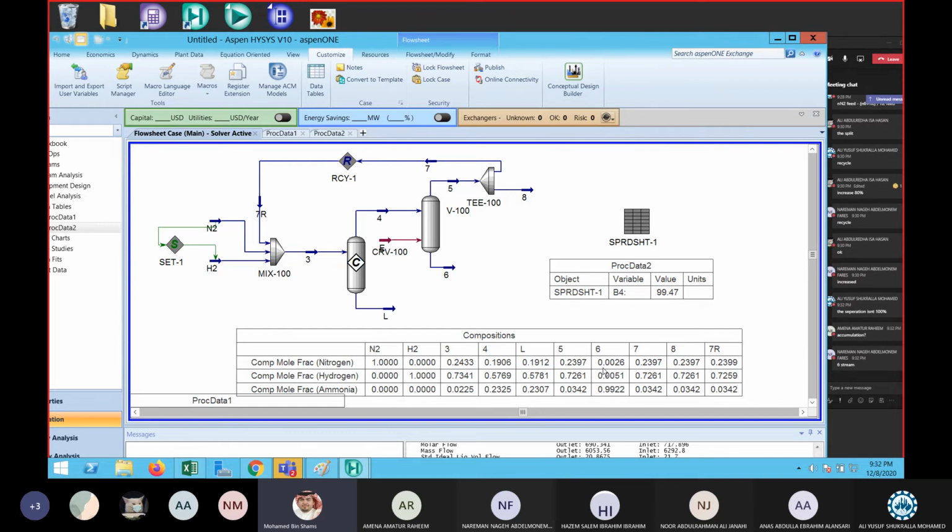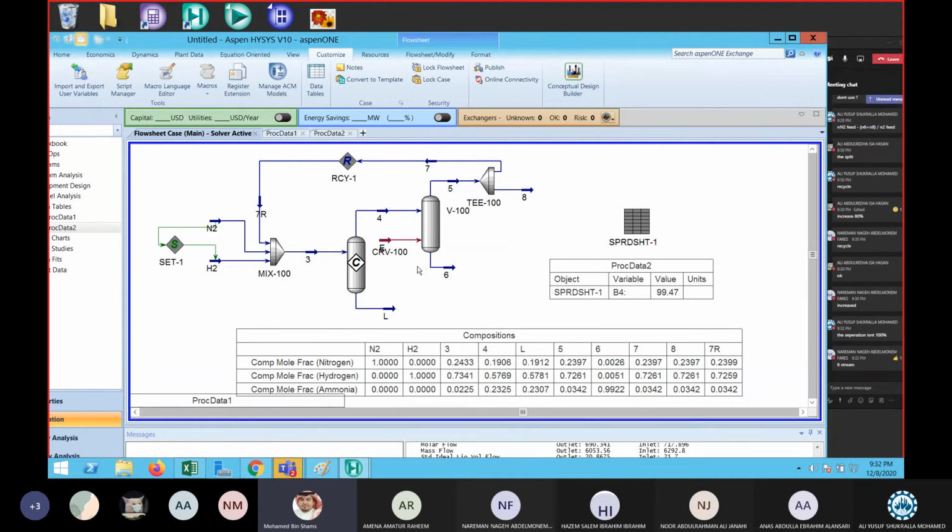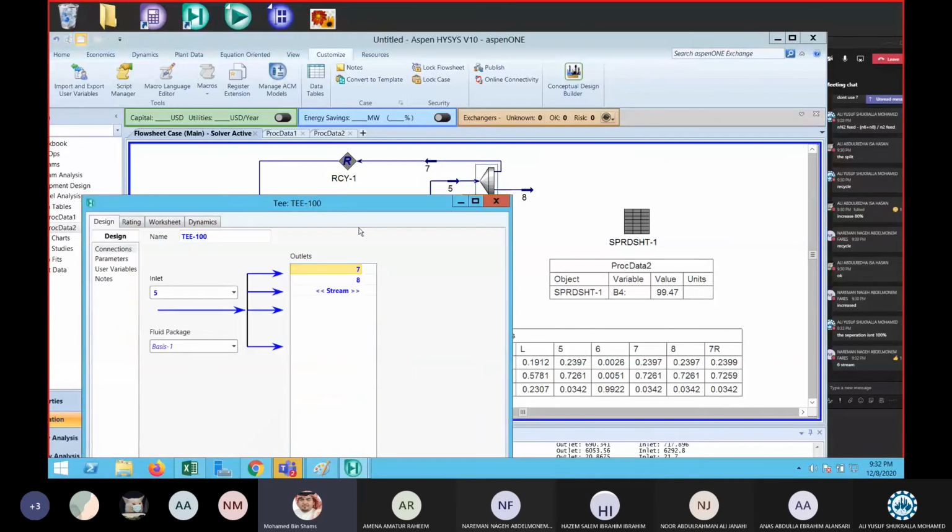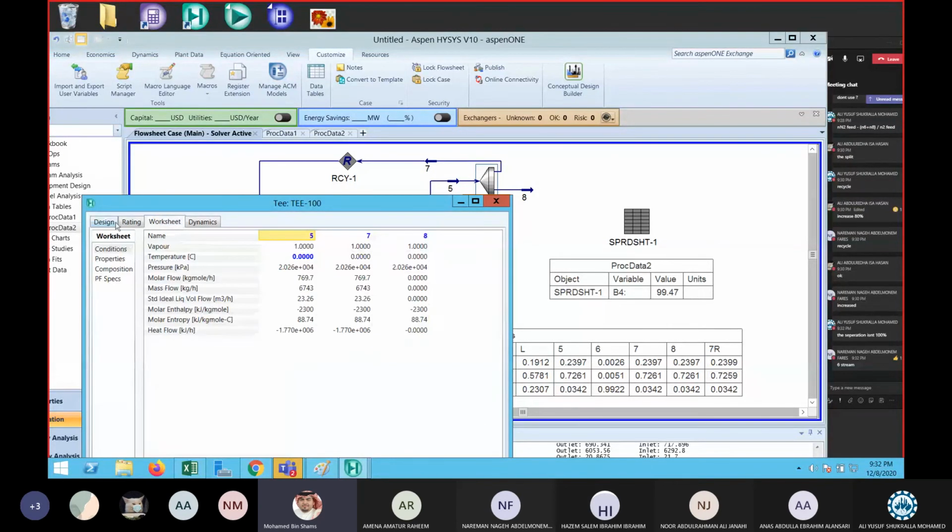Exactly. Look here, guys. Stream number 6 has some nitrogen. There is a bit of nitrogen here, so I lost some of the nitrogen. And that's why, as I told you, in practice we will never have 100%.